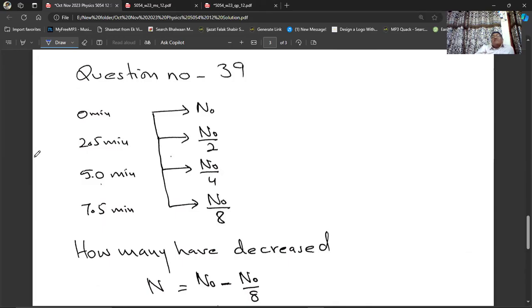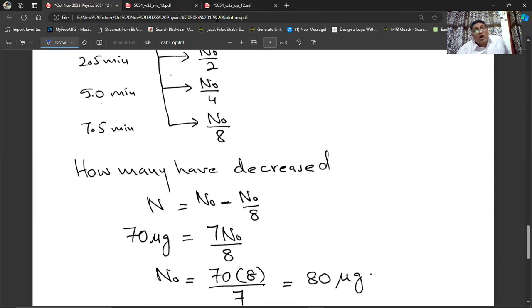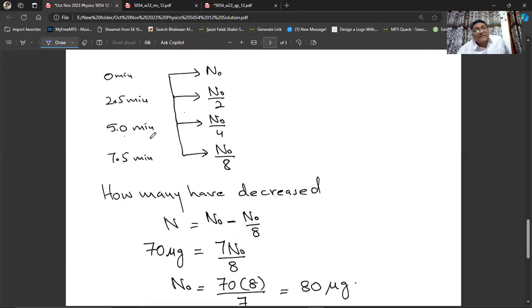So when 3 half-lives have passed, the remaining will be N naught by 8. So how many have decreased? That will be the initial count minus the present count. So N naught minus N naught by 8.